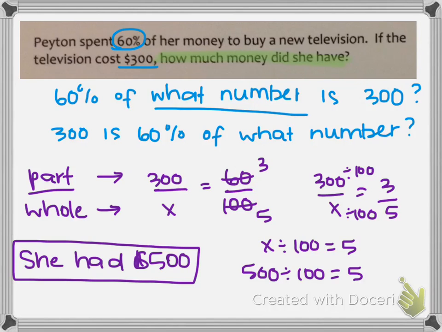Once I set up my percent proportion, I was easily able to solve. 300 was the part, I didn't know the whole, and I set that up equivalent to my ratio for the percent, which was 60 over 100. I simplified that ratio, and then I was able to solve my proportion. And so Peyton had $500.